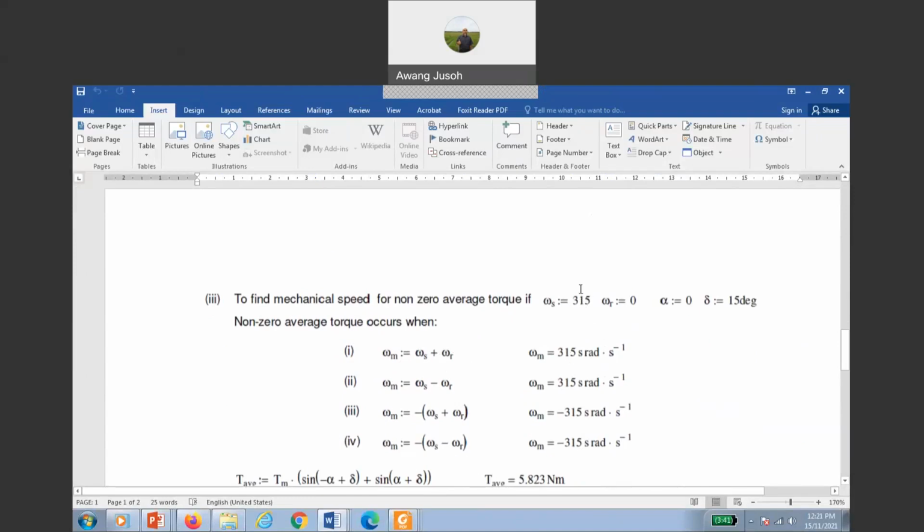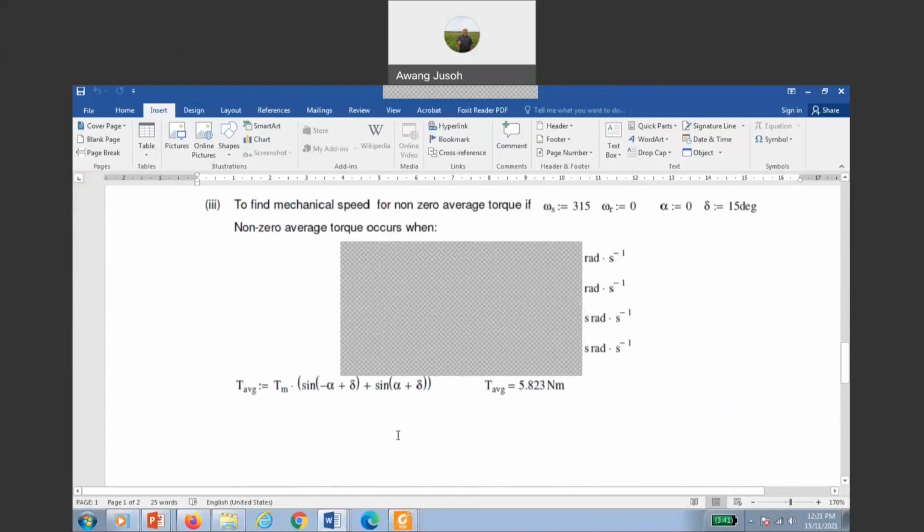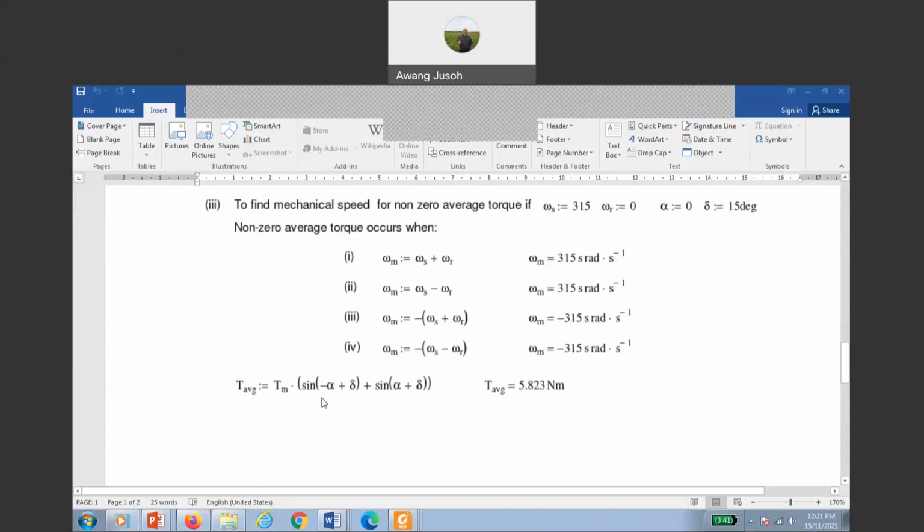When the motor operates at synchronous speed, we have torque. Then the average torque can be calculated by the equation just now, which is Tmax sine delta plus Tmax sine delta, so we get 2 Tmax sine delta, which equals 5.823 Newton meter.